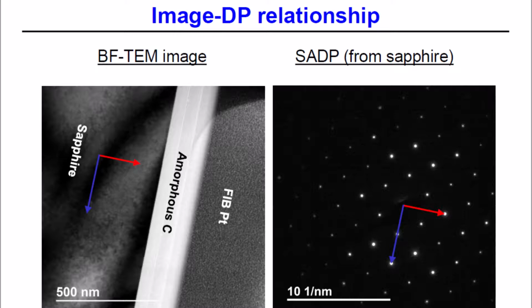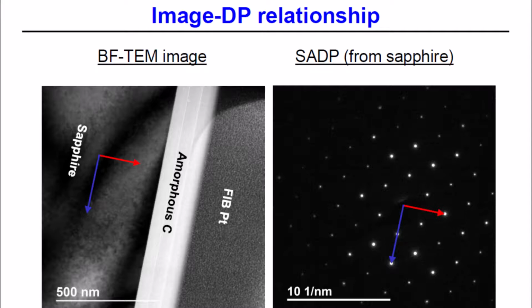Okay? One of the properties of the lenses in our TEMs is that they rotate images when they change strength. What that in effect means is that if I'm acquiring an image and then I acquire a diffraction pattern, the orientation between how I'm observing the diffraction pattern and how I'm observing the TEM image might not be what it actually is.